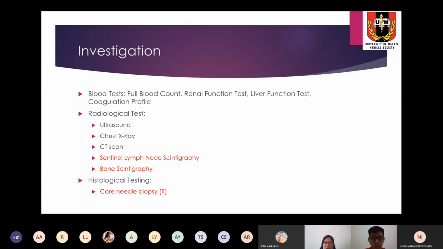Why? Because you only have a cell. I can see this cell looks abnormal, so this is a cancer cell, and that's it. But I cannot identify whether this is invasive or just ductal carcinoma in situ.